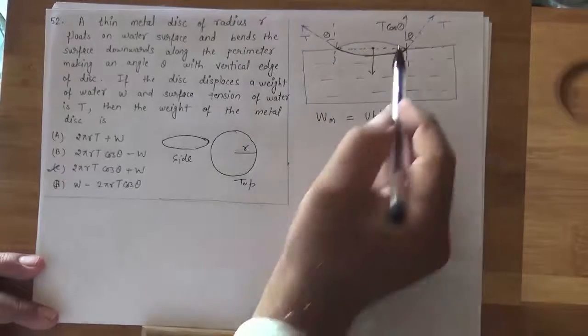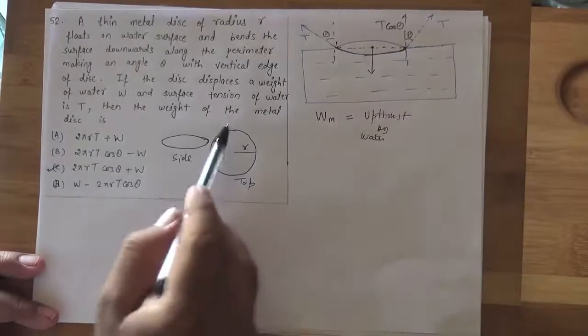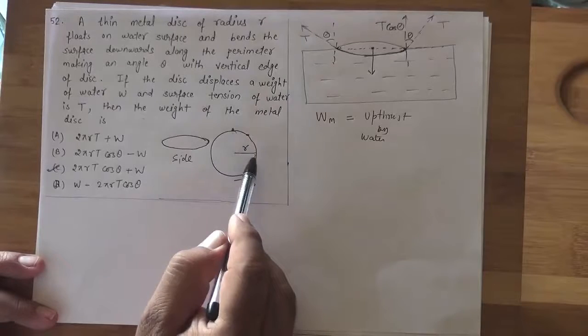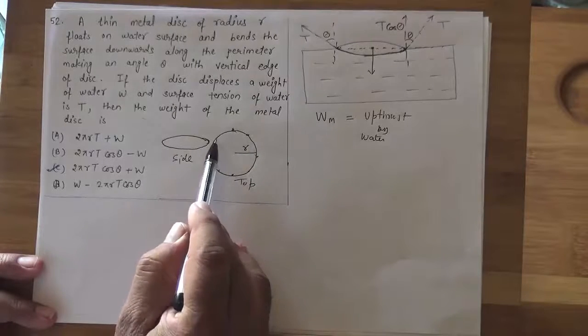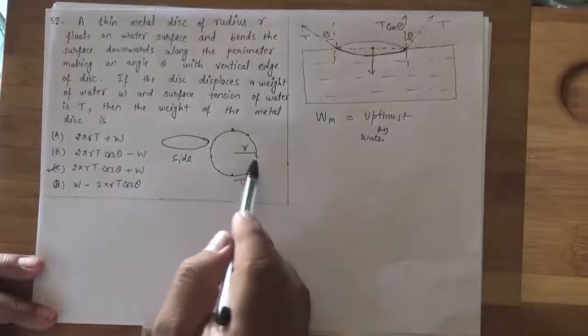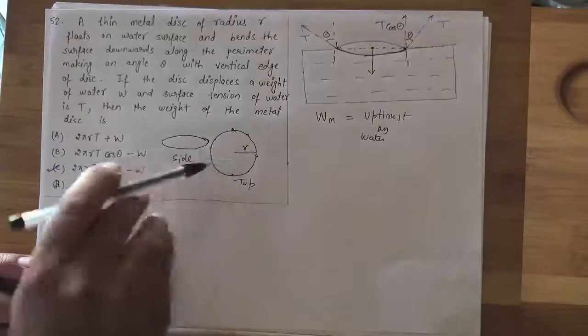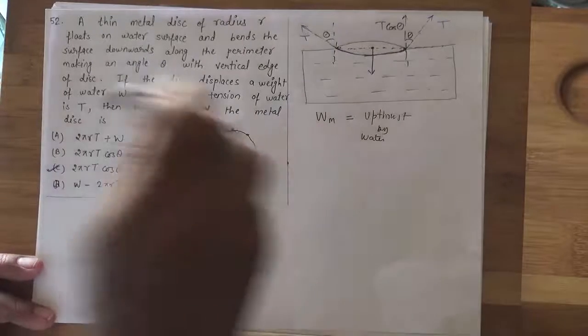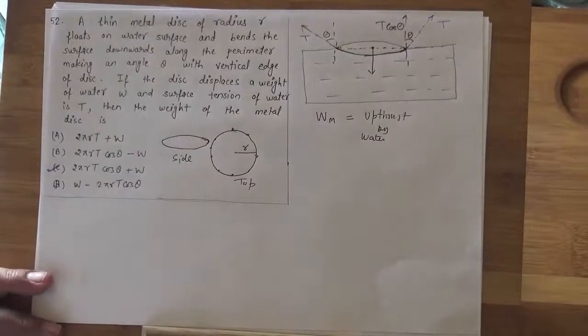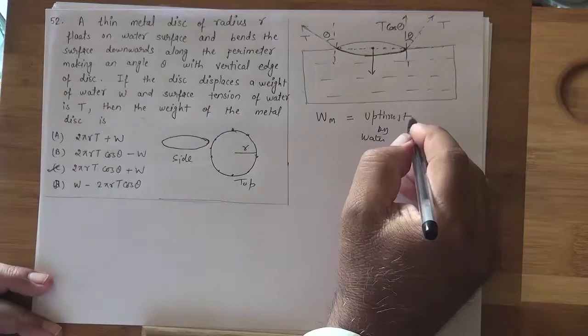This surface tension is acting on every point, here, here, every point, and it is working in this direction, and the component T cos theta is acting in this direction. Then how much is the force?